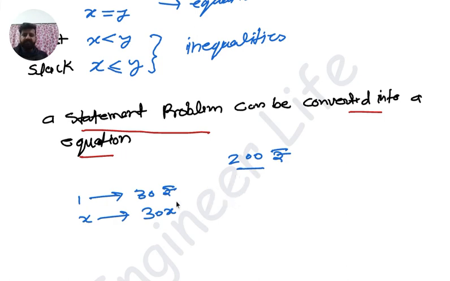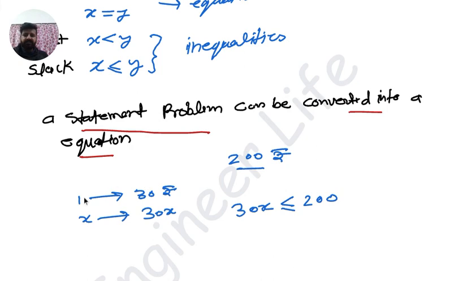So you cannot purchase more than the amount of 200 rupees. So I will say 30x must be less than or equal to 200, because you had only 200 rupees. That's why the multiplication of your number of quantity and the unit price cannot exceed 200.